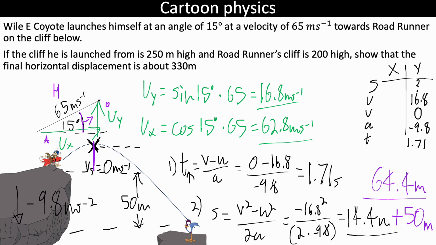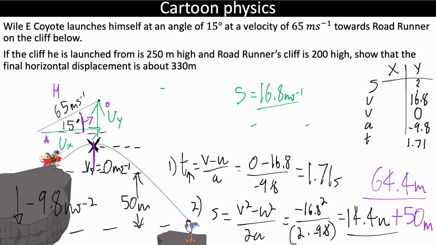Now I'm going to clear up a little bit of room up top by getting rid of the green equations here. Just to recap, he's going to fall 64.4 meters, and his time up was 1.71.